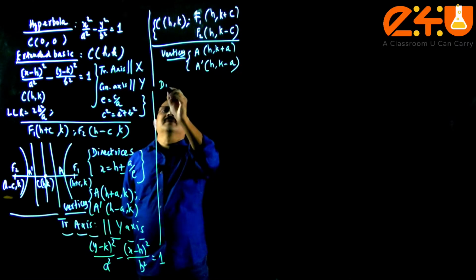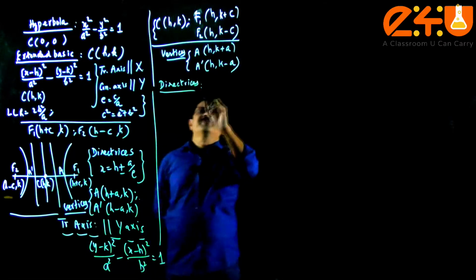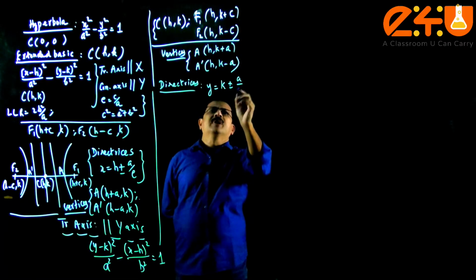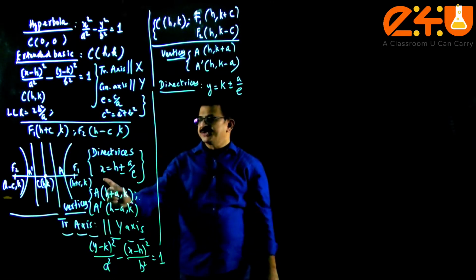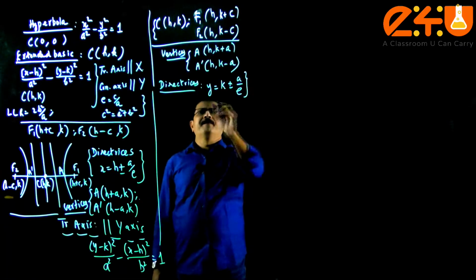And the location of directrices in this case will be y is equal to k plus or minus a by e, instead of x is equal to h plus or minus a by e.